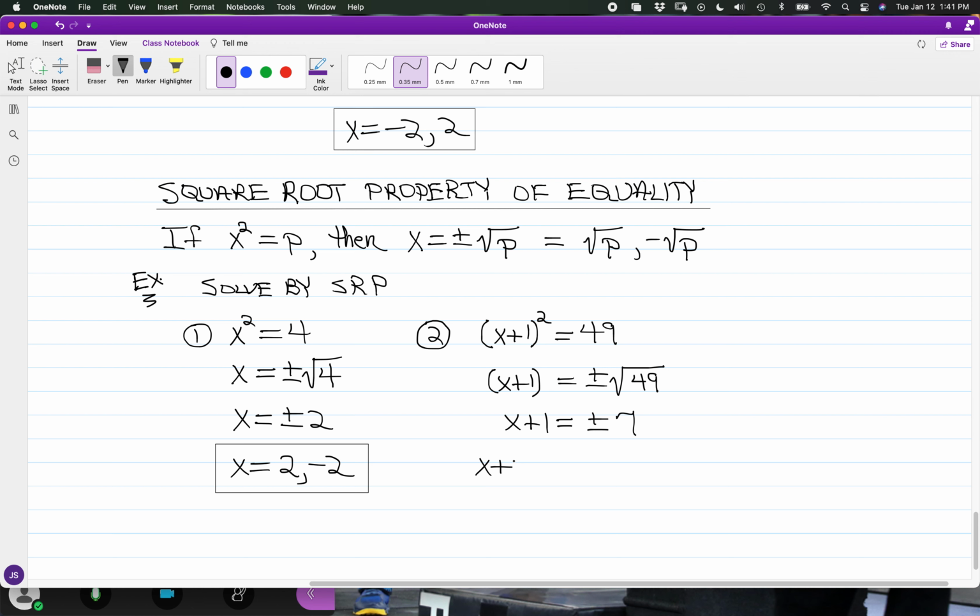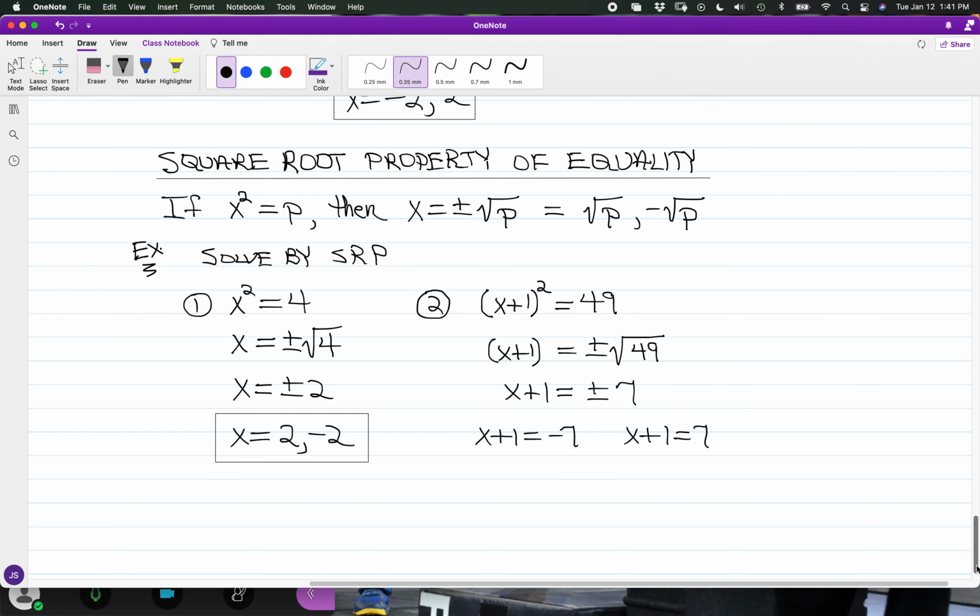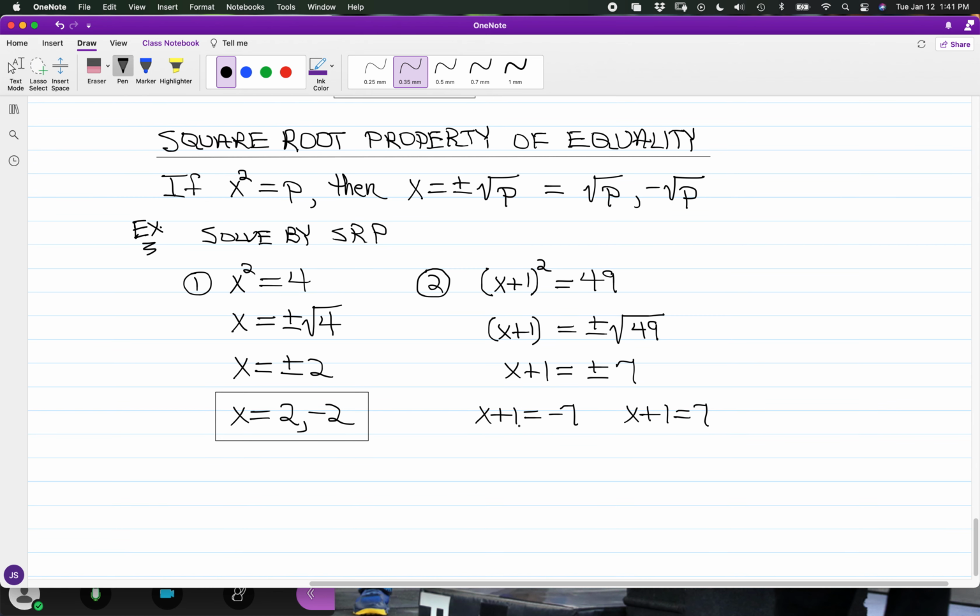So if I split up what I have here, looking for the values of x. If I have that x plus 1 is equal to negative 7 on the lower end, and I want to solve for x, to get x by itself I'm going to move the 1 over by subtracting.